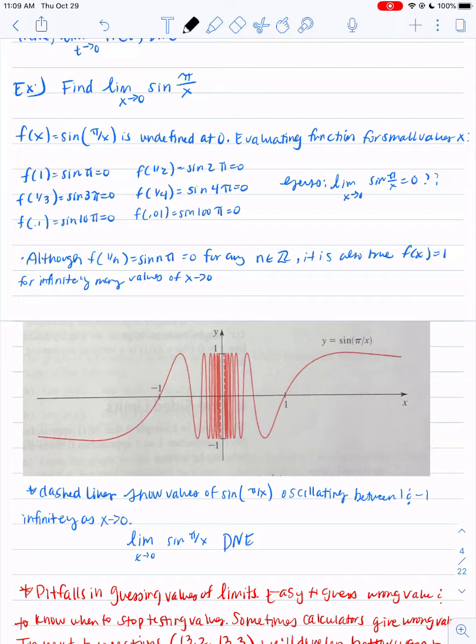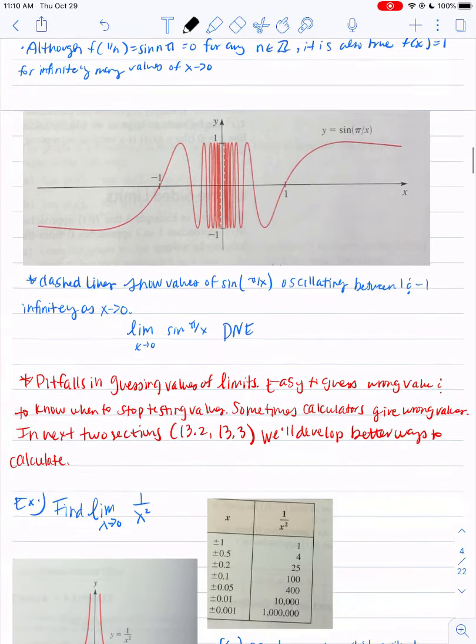But we can see that it oscillates infinitely around 0. So the dashed lines show the values of sine of pi over x. It's oscillating between 1 and -1 infinitely as x approaches 0. So our limit as x approaches 0 of sine of pi over x does not exist.